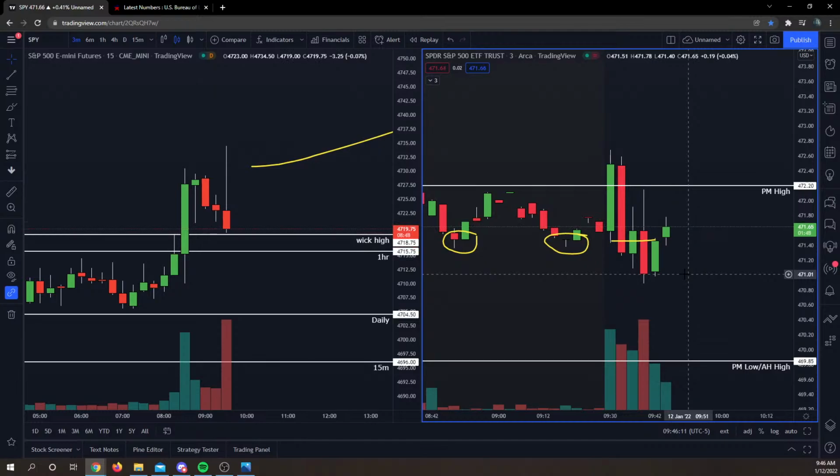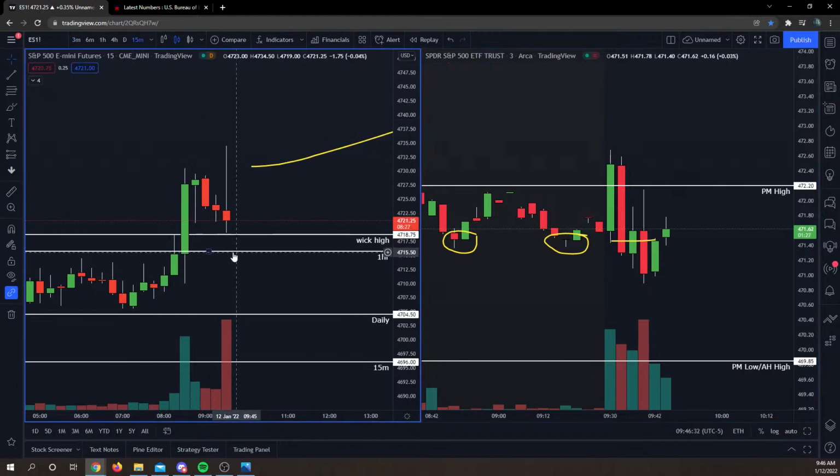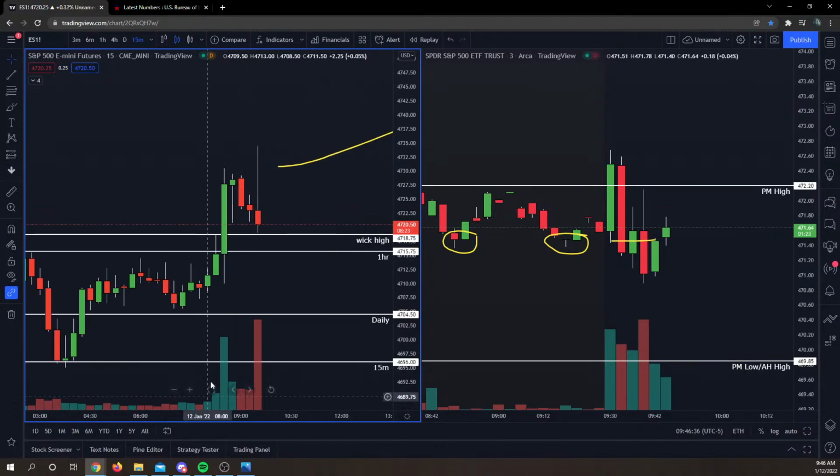Okay, coming down to our wick high. Our wick is a pretty fluid area, seeing as how this volume is increasing substantially on the 15-minute here with SPY, futures, or the E-mini futures. It's great volume.